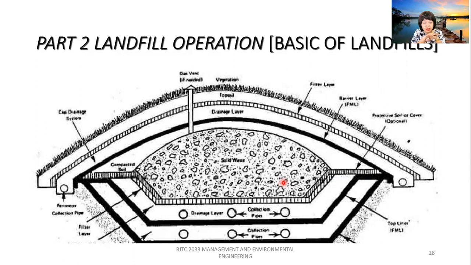So we need to put a layer, we call it a membrane filter, a membrane liner, to cover it and protect the waters from going down to our water resources. So we will put the piping here to collect all those leachate water, and then we will send it to a pond.